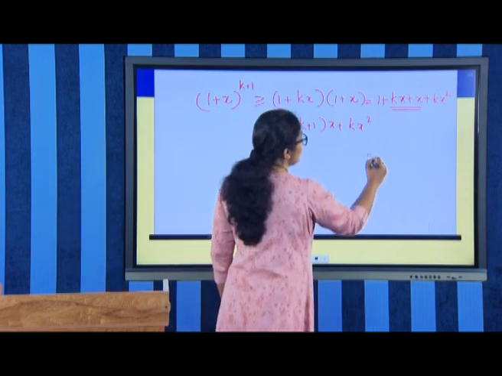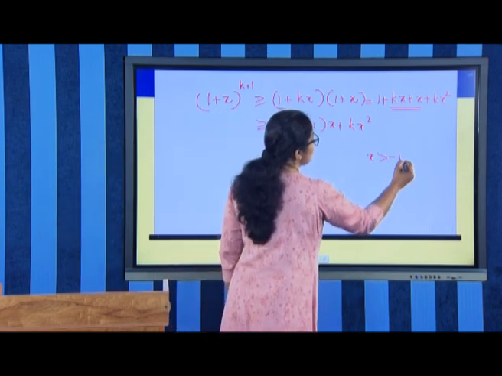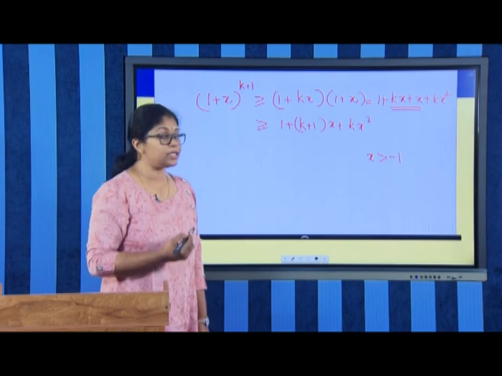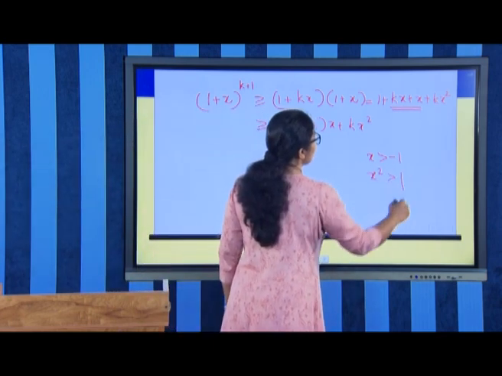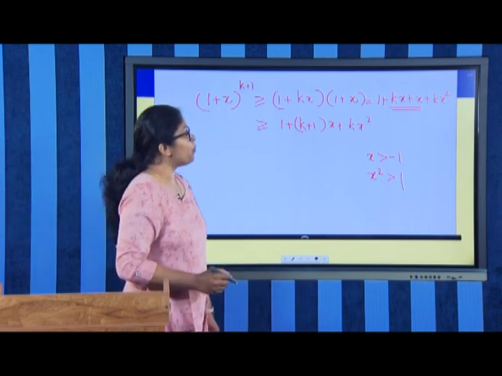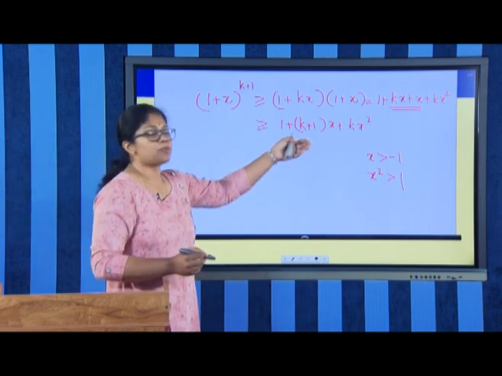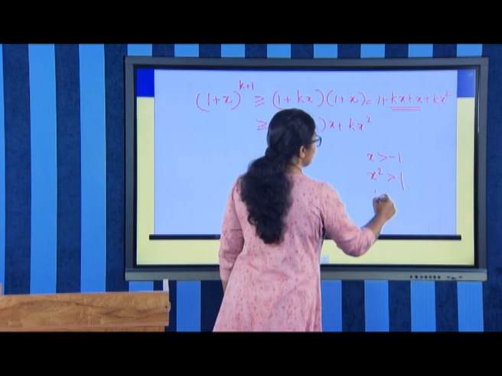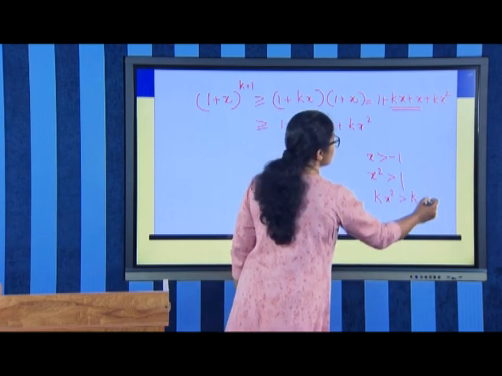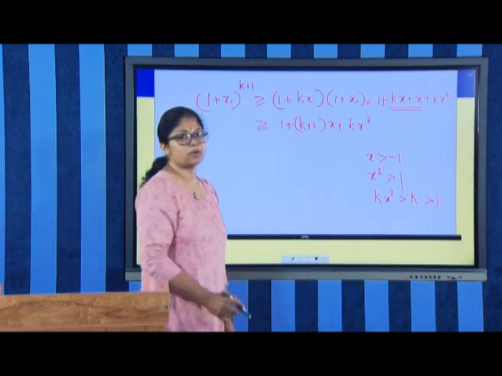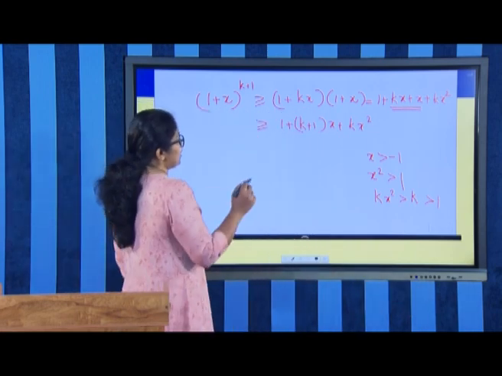and since in the condition of the inequality itself it is given x is greater than negative 1, x square is definitely greater than 1, and therefore, k times x square is also greater than 1. So, kx square is greater than k, we can write, which is definitely greater than 1, because our assumption is like that.